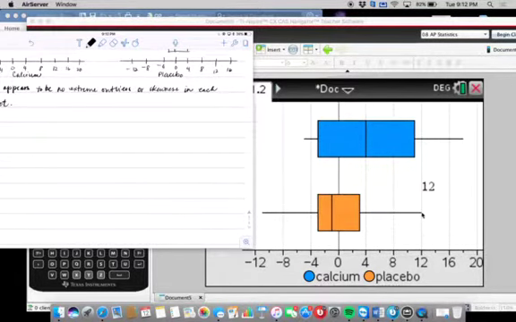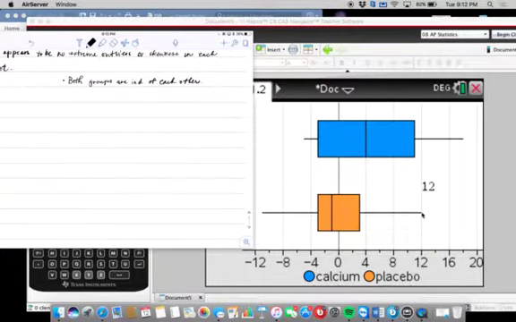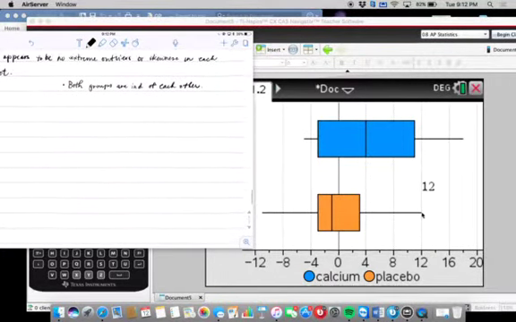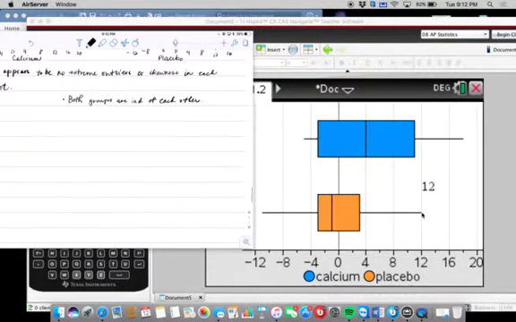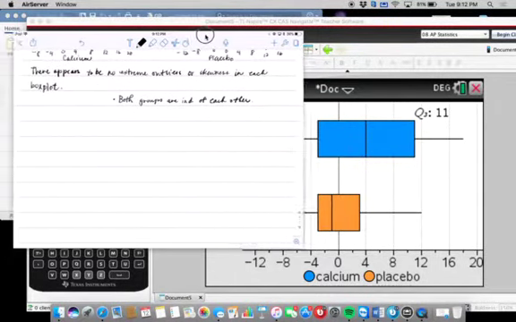All right, and of course the last condition is both groups are independent of one another. Okay, all right, and they're independent of one another because of the random assignment. Okay, so we have our conditions in place. Now we can go ahead and do our test.